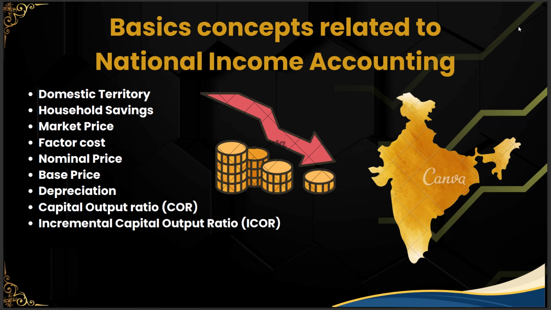So you must know what domestic territory is and what criteria form it. For example, an Indian embassy located in China, USA or anywhere in the world becomes a part of the domestic territory of India. But a foreign embassy of China, America, UK, whatever country, located in India, does not belong to the domestic or economic territory of India.